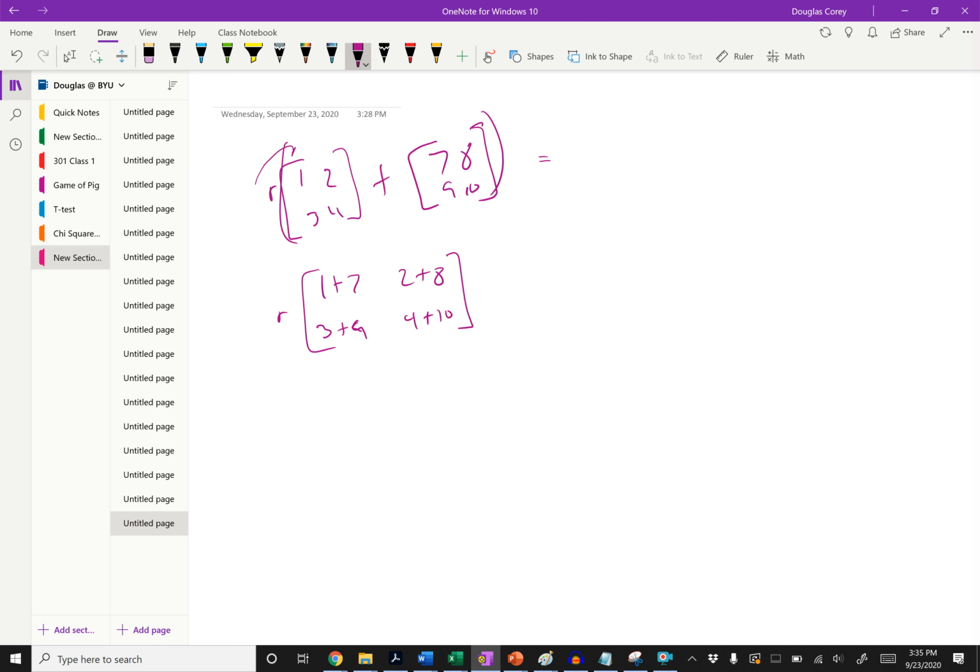We get all of that times r. And then a scalar times a matrix, as we learned last time, this r gets applied to each of the entries, so that is r times 1 plus 7, r times 2 plus 8, r times 3 plus 9, r times 4 plus 10.